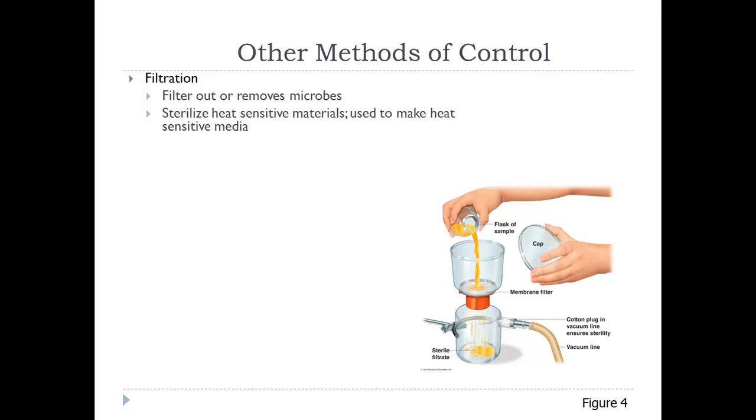The size of the pores of a membrane filter is about 0.2 micrometers. I'm sure you have heard of HEPA before in filters. HEPA removes microbes that are greater than 0.3 micrometers, and membrane filtration removes microbes that are greater than 0.22 micrometers.